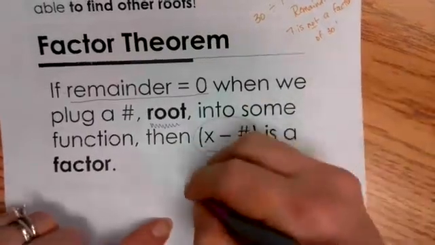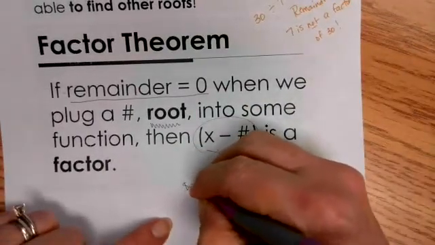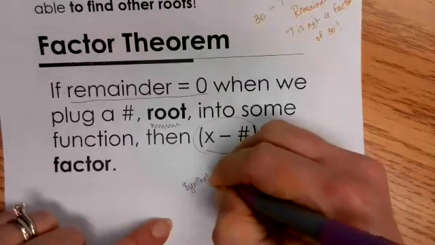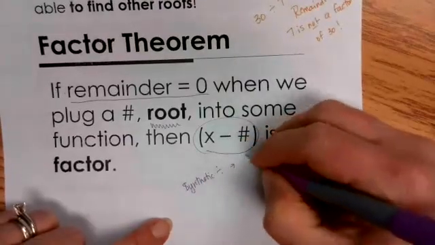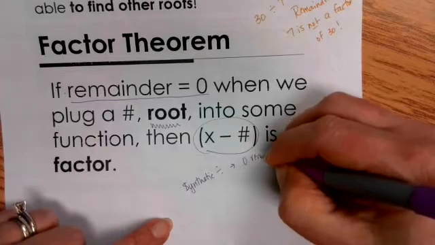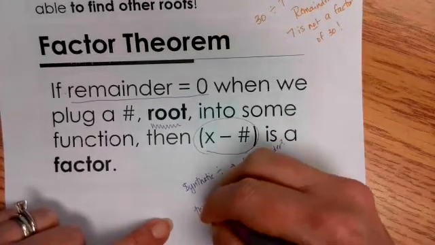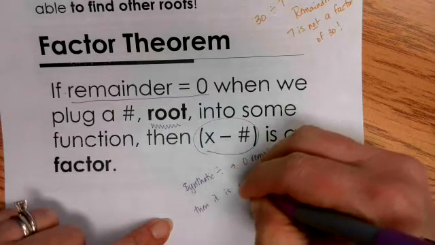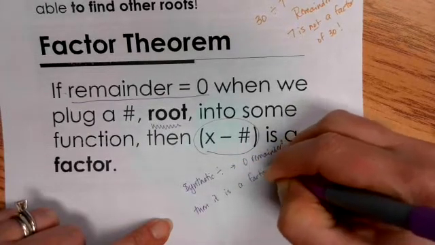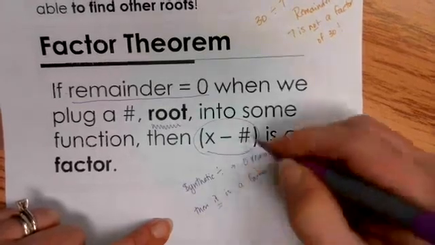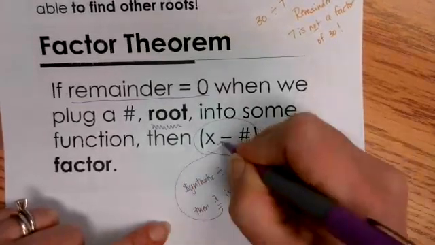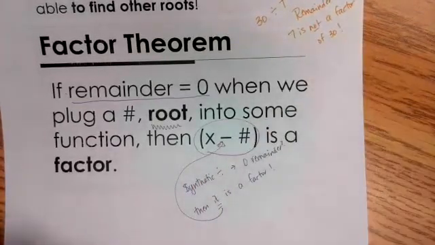So essentially saying synthetic division, did I get a 0 remainder? Then it is a factor. And that it is going to be this x plus or minus whatever that number is that I use with synthetic division. So getting factors will help us find other factors.